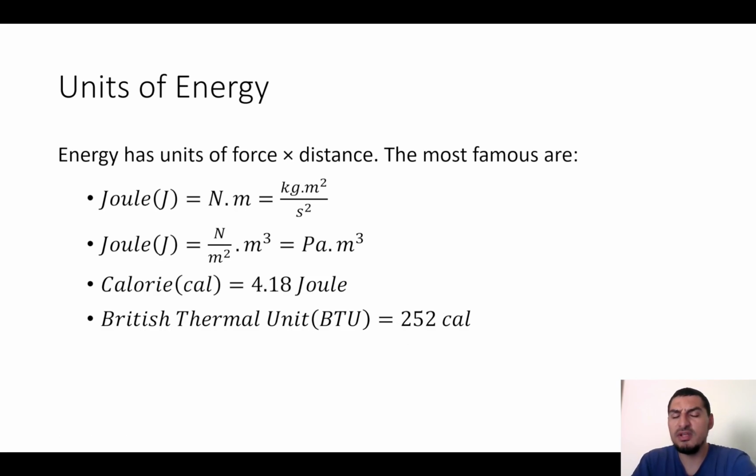The British thermal unit is a very famous unit of energy, and it's used in many industrial applications, especially for the pricing of natural gas. Natural gas might have different compositions depending on its source, where it's coming from. So the prices vary according to the quality and composition of the natural gas, and how much energy you can get out of it.